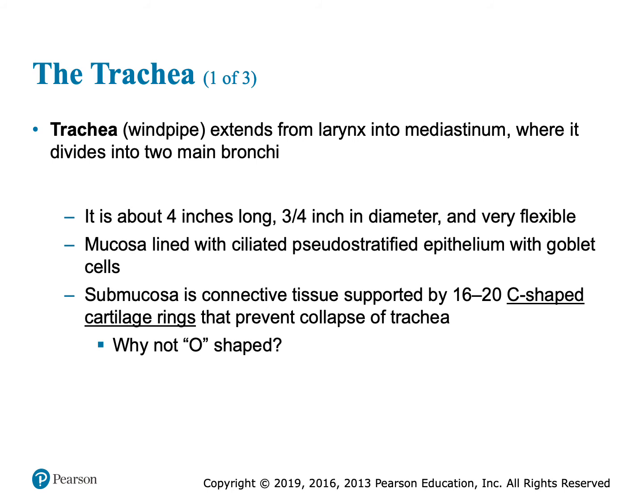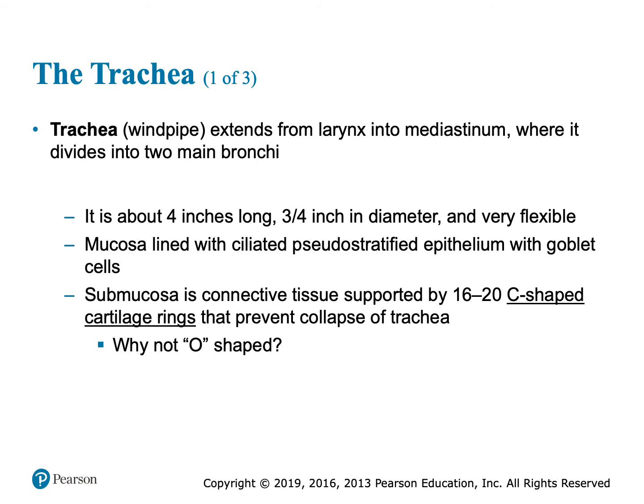The reason that those cartilage rings are C-shaped is because that esophagus runs down the posterior side of it. So when you swallow your food, especially if you didn't chew it up very good or you take really big bites, when you swallow, that big bolus is going down through your chest towards your stomach.